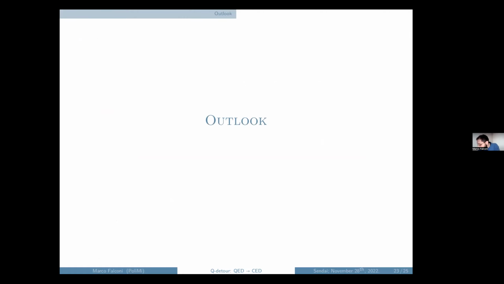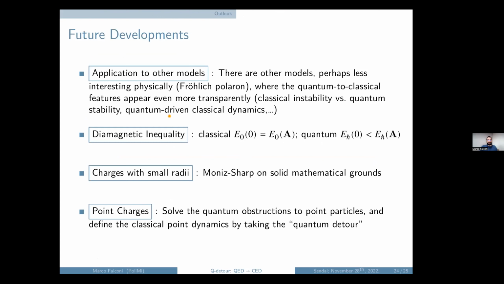And let me conclude quickly, I think I am on time, with a quick outlook. So we could apply these same ideas to other models that are maybe less interesting physically, like this Fröhlich polaron, but where the idea of needing to go through the quantum to obtain the classical features is even more necessary. In this Fröhlich polaron, there is no ultraviolet cutoff, so we cannot play with regularity of the distributions of charge.